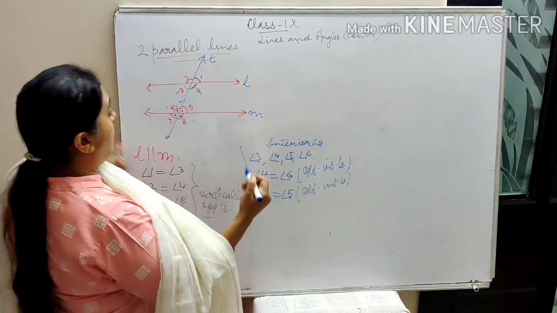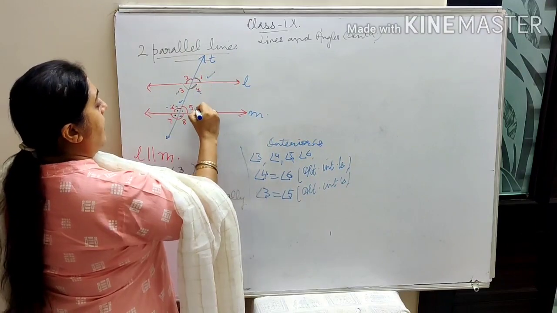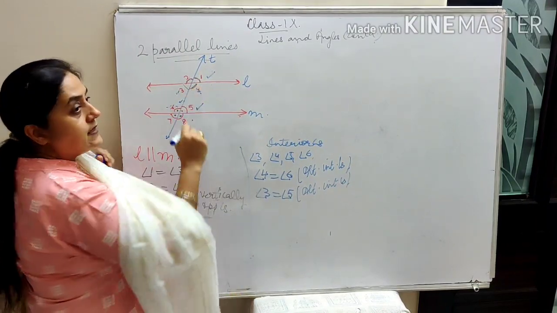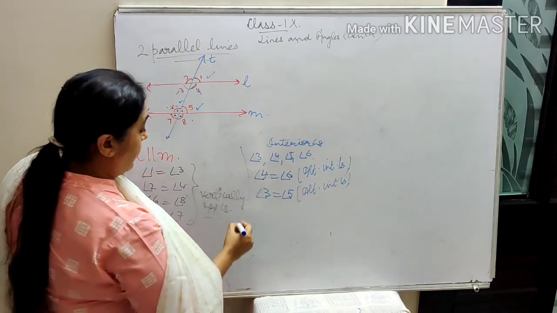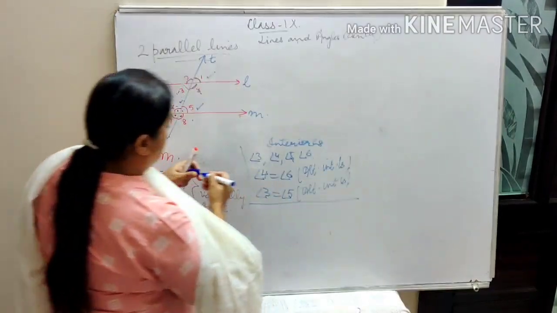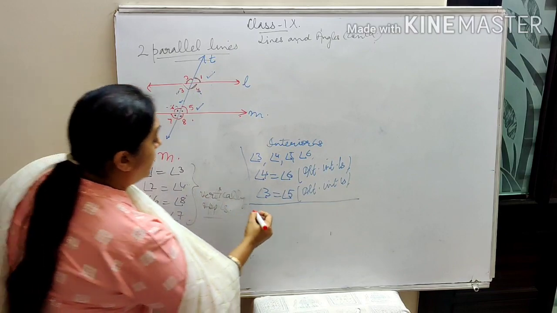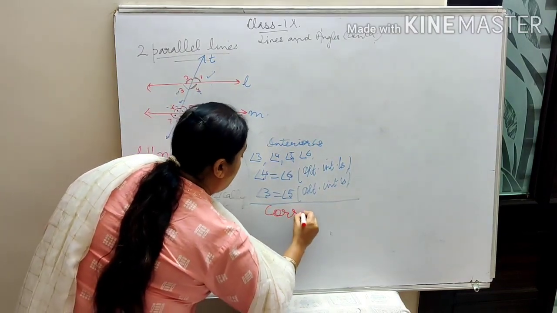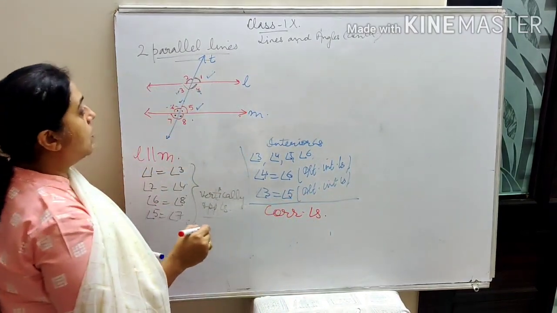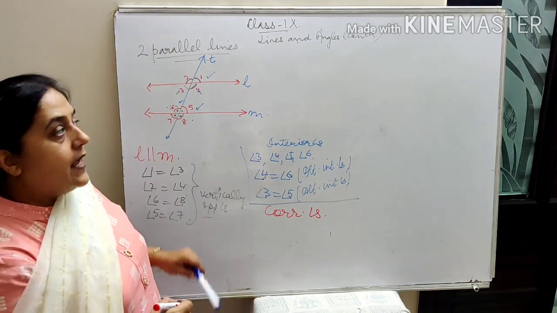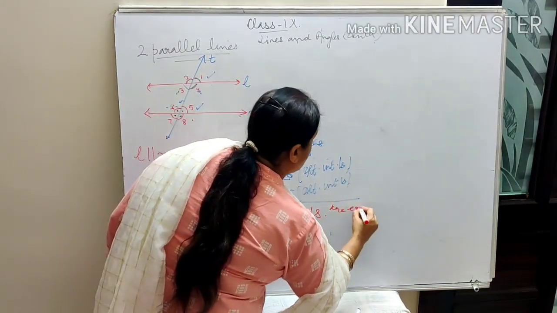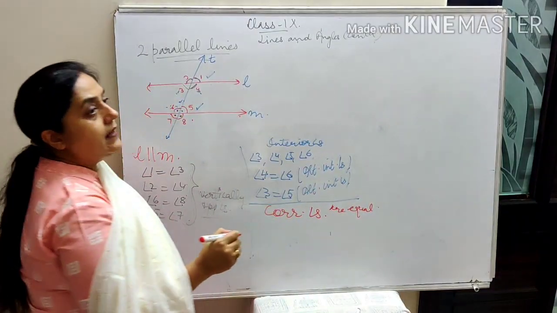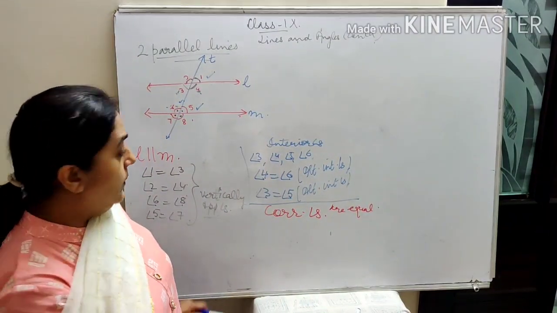Let us talk about 1 and 5. 1 is in the exterior of it and 5 is in the interior. Such pair of angles are called corresponding angles. What are these called? Corresponding angles. And always remember, corresponding angles are also equal when lines are parallel to each other.